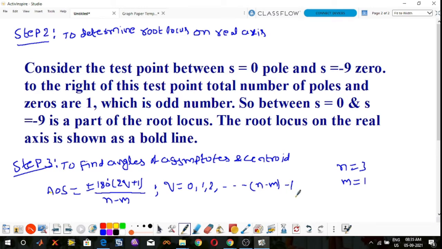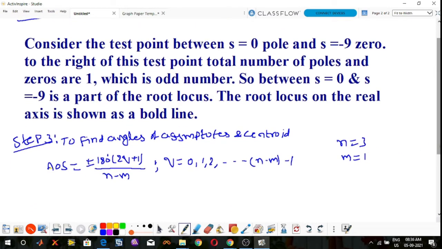Here, small n is the total number of poles and small m is the total number of zeros. In the given open loop transfer function, the total number of poles is 3 and zeros is 1, so n is equal to 3 and m is equal to 1.